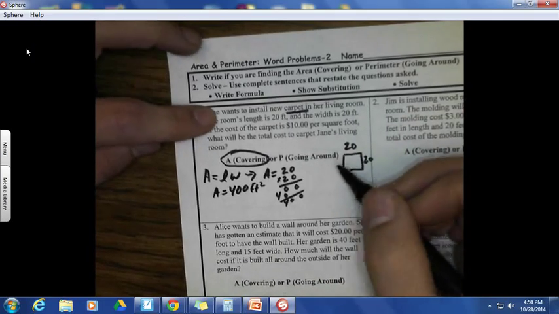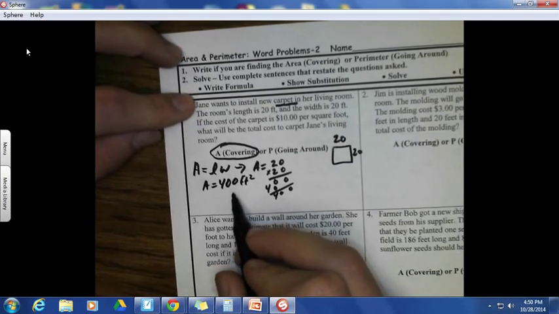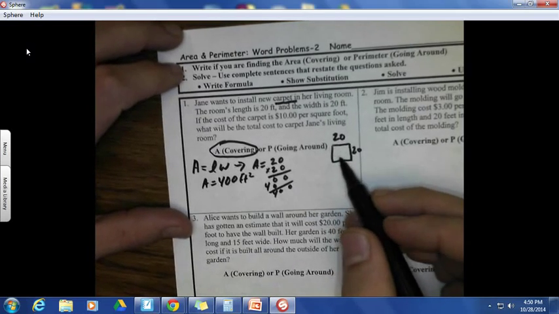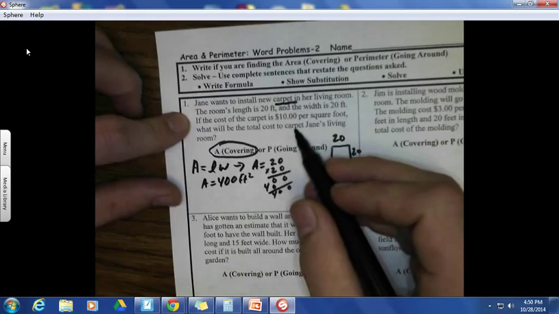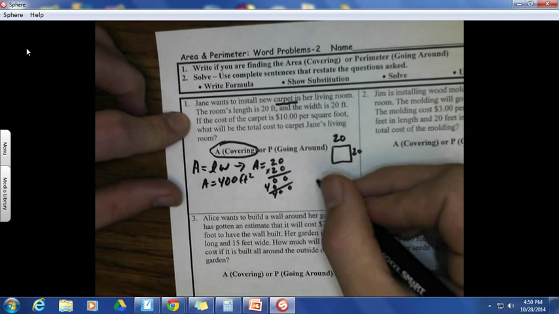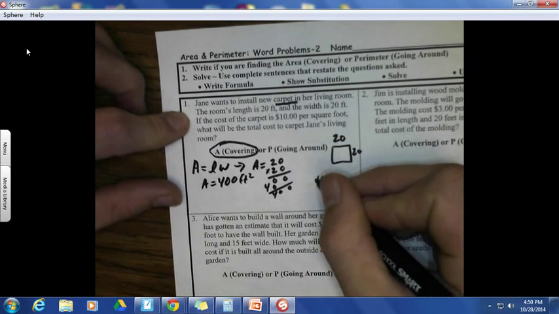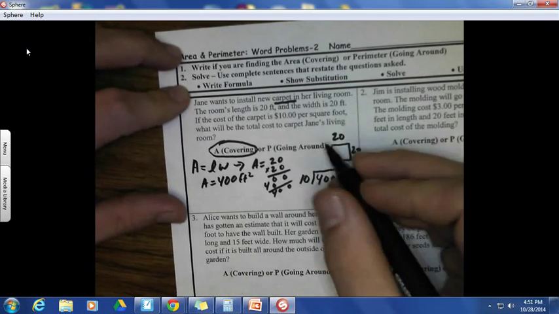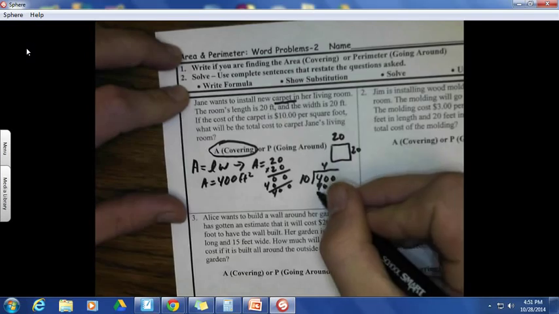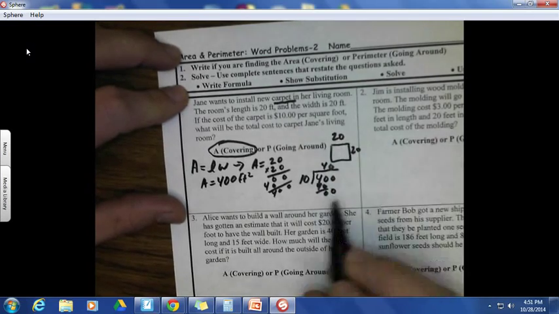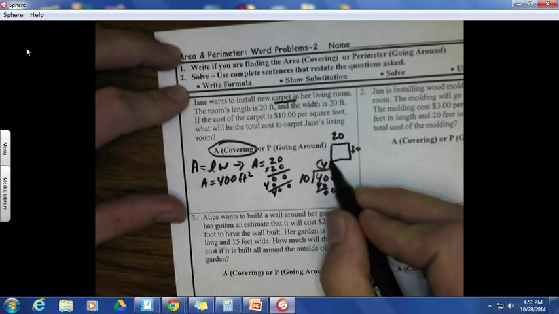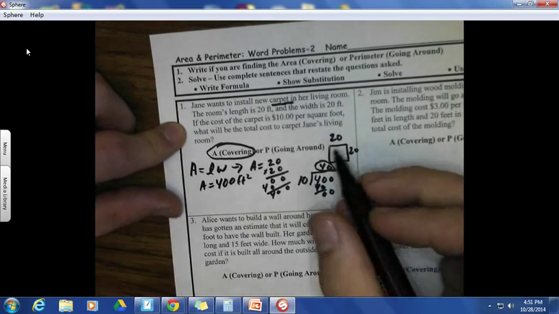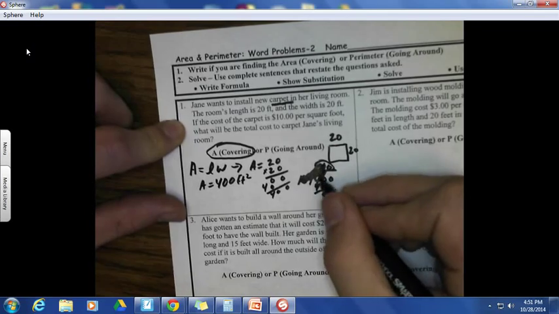If there are 400 square feet in the room, and the carpet costs $10 per square foot, let's divide 400 by the cost of 1 square foot. So 10 goes into 40 4 times, and so we have $40. No, that's not right. Sorry.